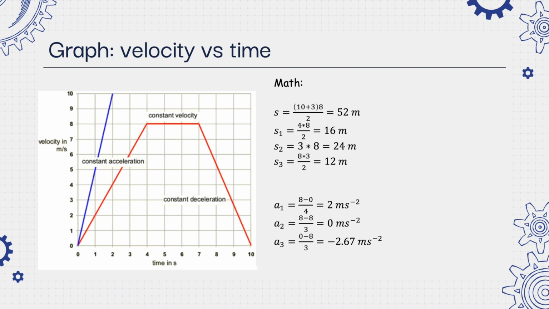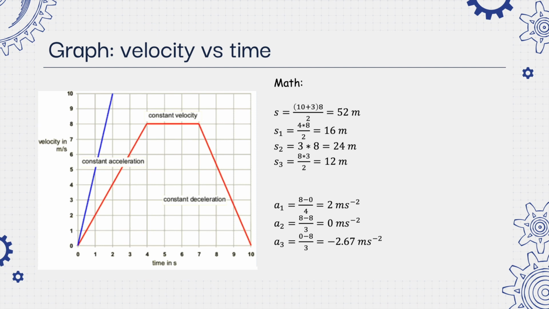The first phase is a triangle, so base times height divided by 2 is the displacement. The base is 4 seconds, the height is 8 as the velocity, divided by 2. So 4 times 8 divided by 2 equals 16 meters. That's the displacement of the first part.